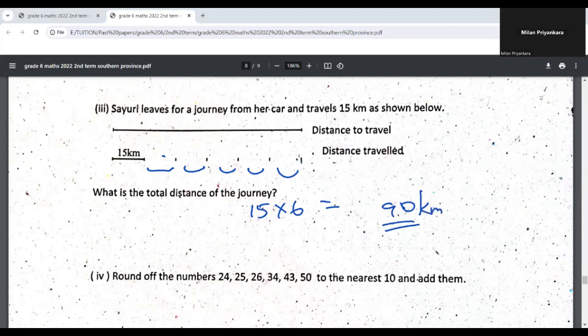Round off the numbers 24, 25, 26, 34, 43 and 50 to the nearest 10 and add them.